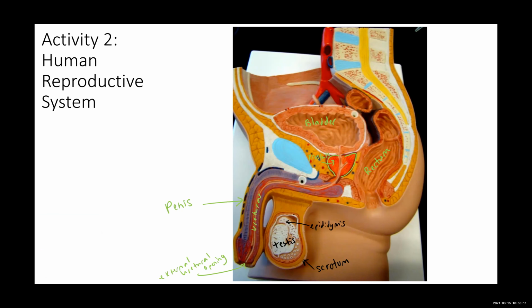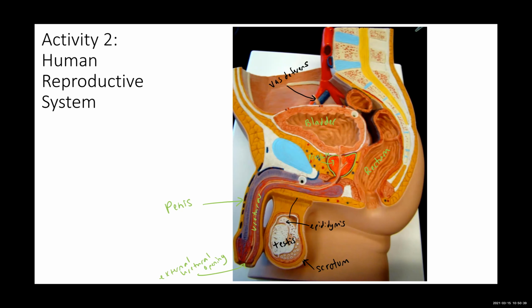Now coming up through this, you would have a tube, and I think we're seeing the other side of it right here. This is called the vas deferens. So it would be, I'm going to erase that drawing. It would be coming up out of the epididymis.